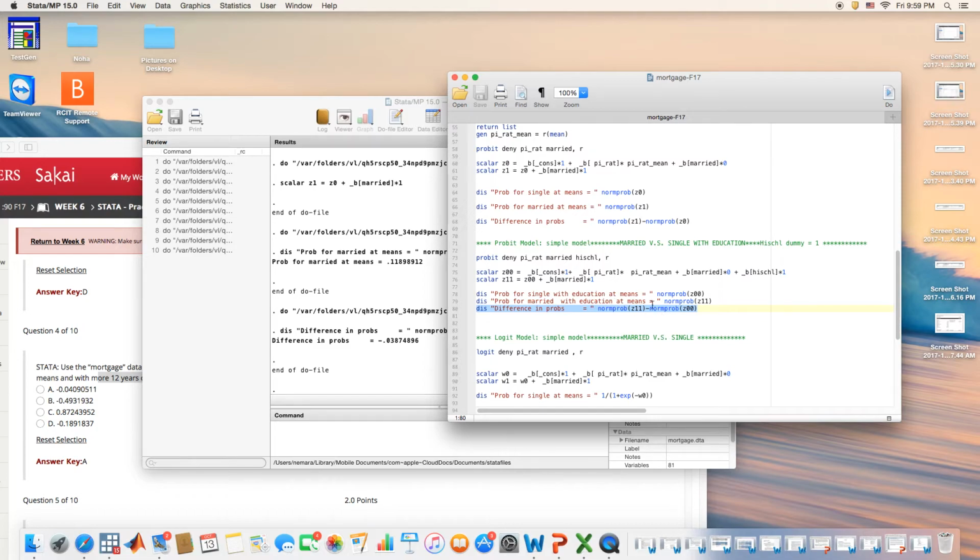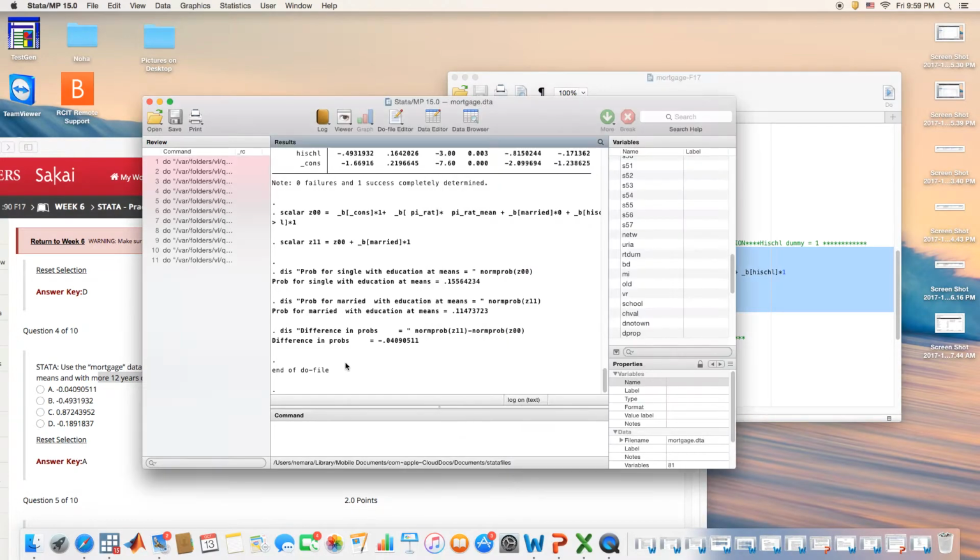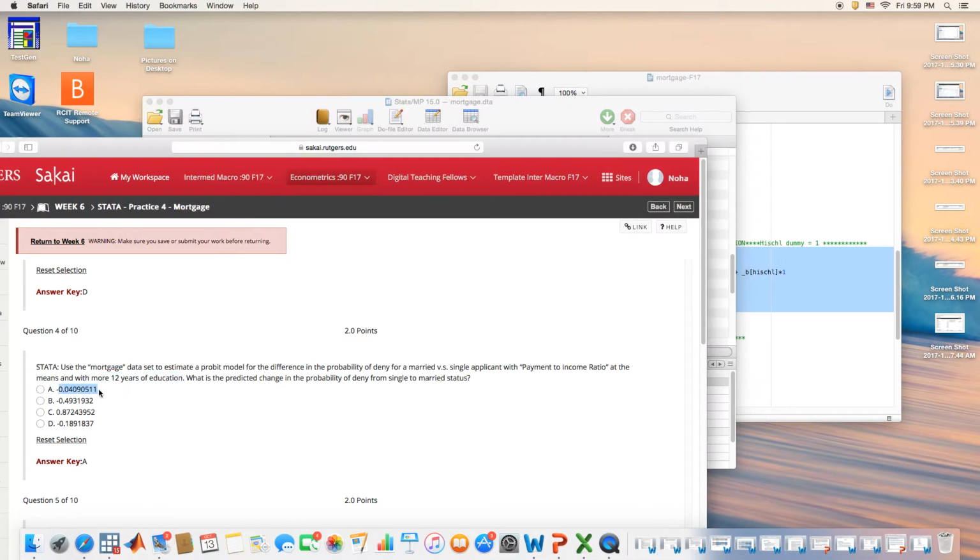But in order to get this part, you have to get the first and the second. So when you run this part of the model, you would get that the difference in the probability of deny from a person being single to a person being married with education, the drop is even bigger because education matters. So that would be answer number A.